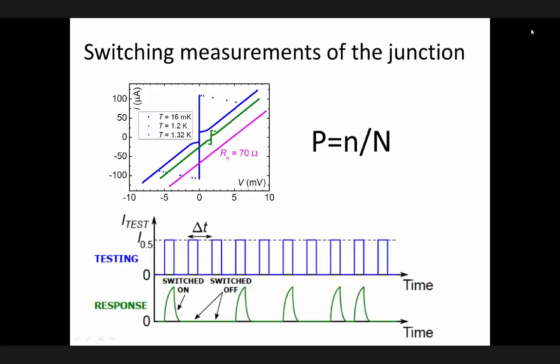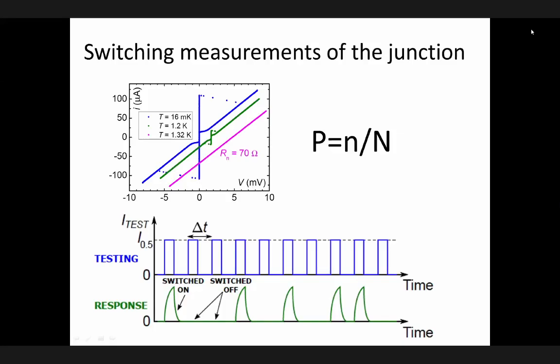So how do I measure this switching current? This is the pulse technique. I send many pulses, say 10,000, to the junction, and in response to each pulse the junction may or may not switch, so it is a probabilistic measurement. When you sweep up the current to the plateau value close to the switching threshold, sometimes you switch, sometimes not.